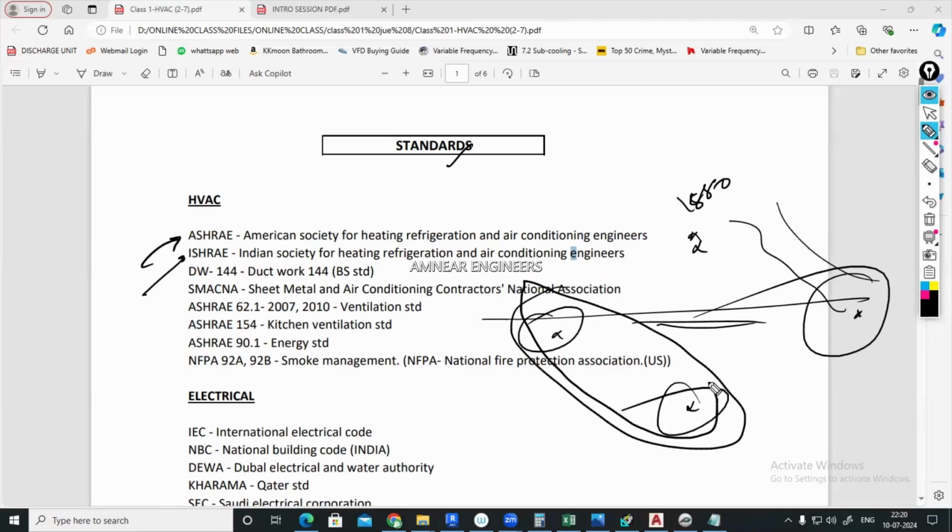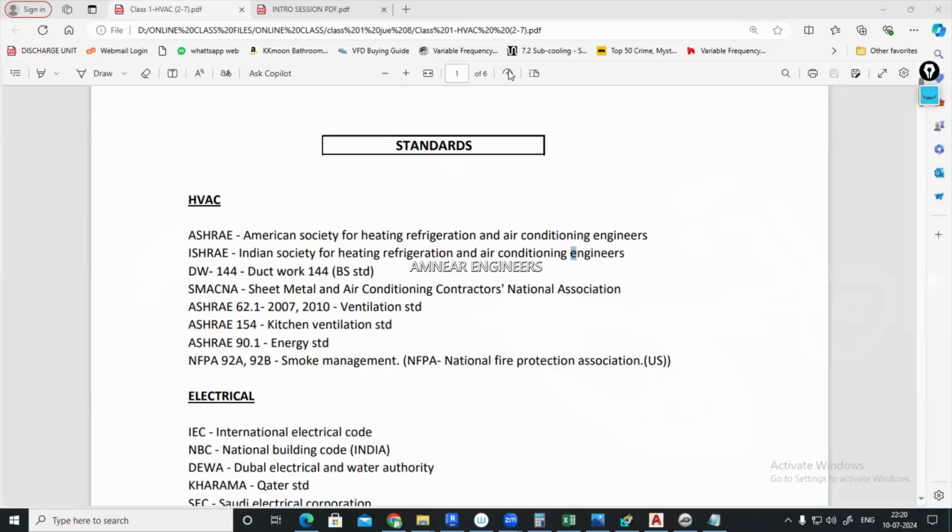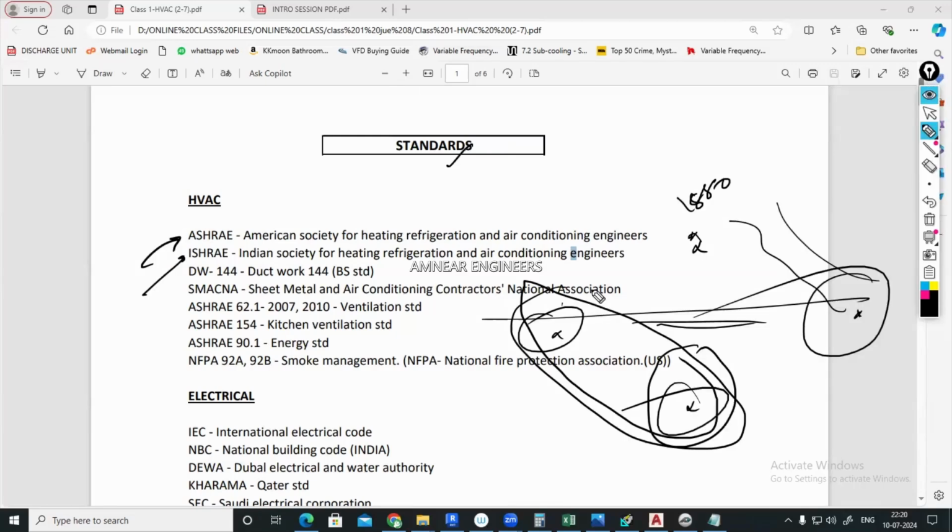So monsoon we face in Kerala, the southern side, and on the Gujarat side and all, we have sea exposure, so we face very humid conditions there. That's why we need our own standard for our purpose. So India has our own standard.